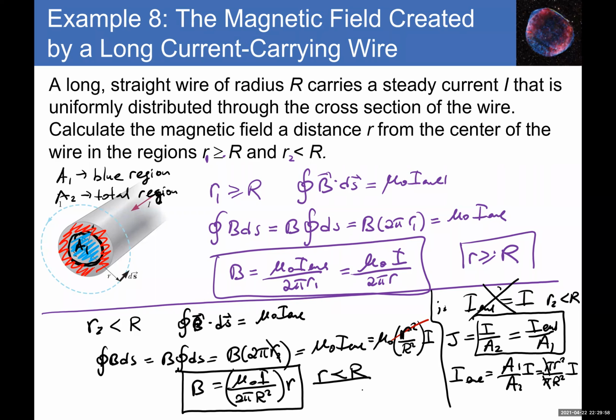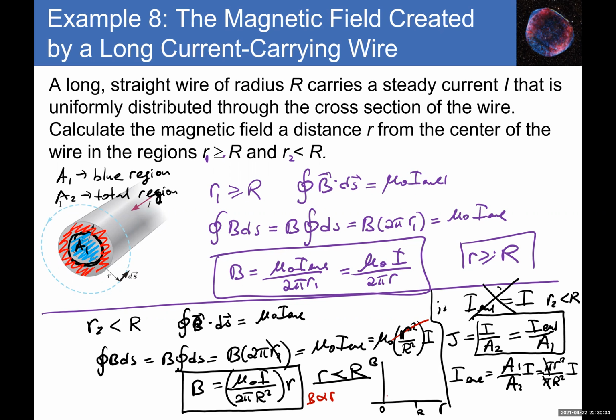So the graph for this type of conductor, the magnetic field distribution, how the magnetic field behaves, will be like this. Going from r equals 0 to r equals radius, that will be inside, and beyond that will be outside. We can see that the magnetic field is proportional to r inside, because assuming the radius is constant and current is constant, the magnetic field will change as a function of r.